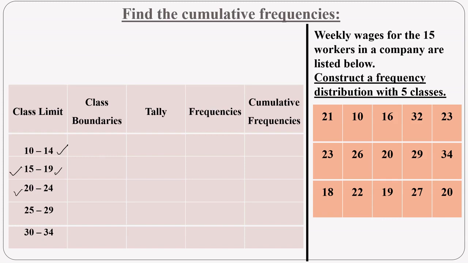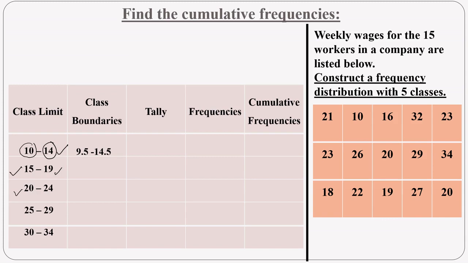Now, class boundary, what is the rule? I told you. Lower limit, you need to reduce 0.5. Upper limit, you need to add plus 0.5. Now, the lower limit is 10. Can you see 10? 10 minus 0.5 will be 9.5. Then 14 plus 0.5 will be 14.5. See, this is the first answer.